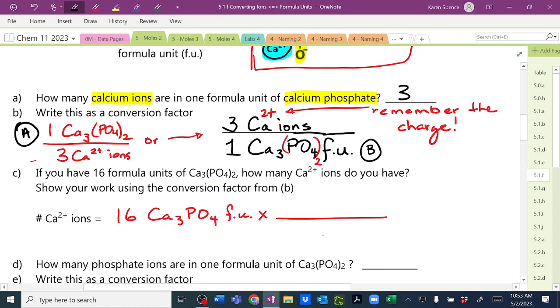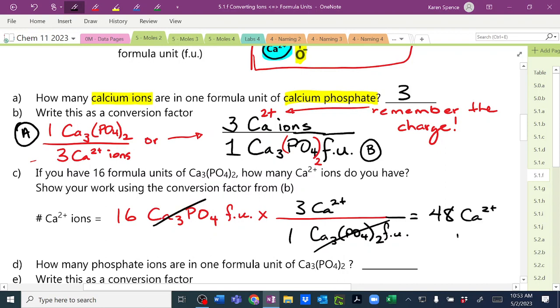I want B because calcium phosphate has to be on the bottom. Ca3(PO4)2 formula units. We have one of those for every 3 calciums. And that is equal to, I believe it is 48. Yes, it is. 48 Ca2+ ions.